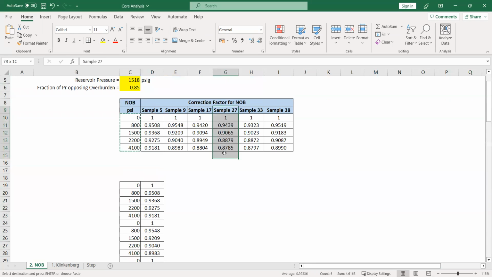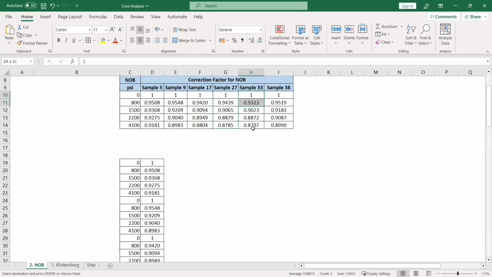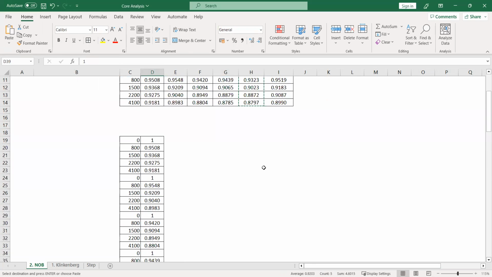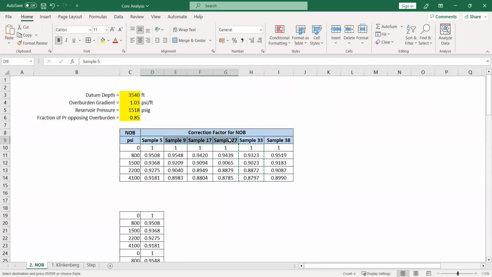And then let's use, okay. By the way, we have 6 core samples which are used to get the correction factor for NOB. So we have 6 specialized measurements just to get the correction factor.